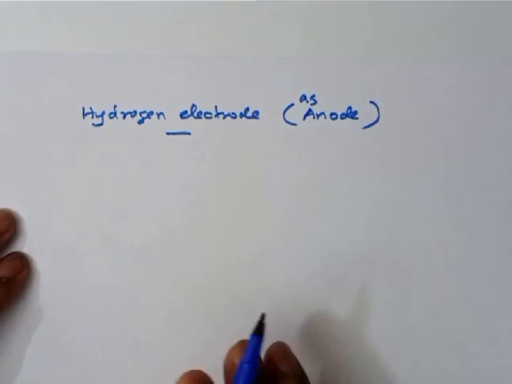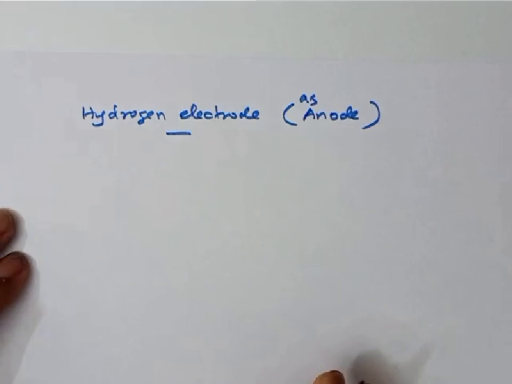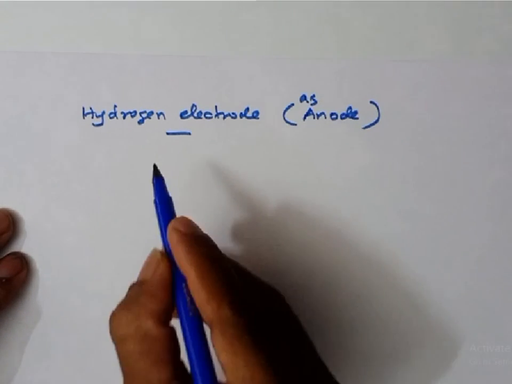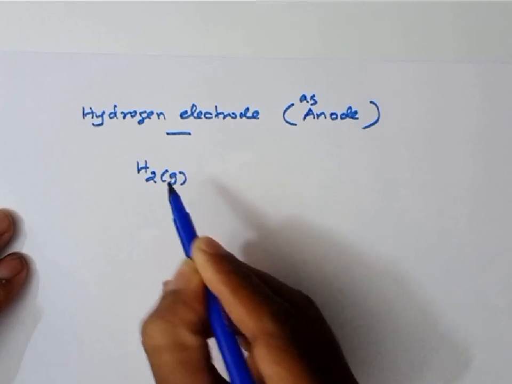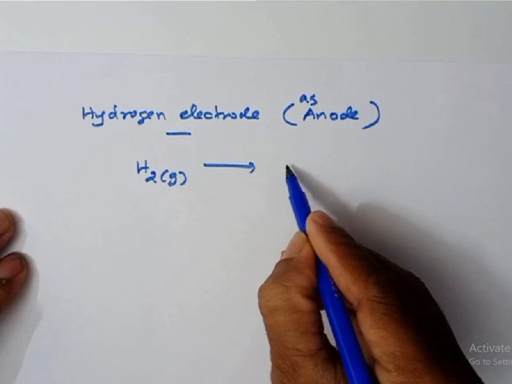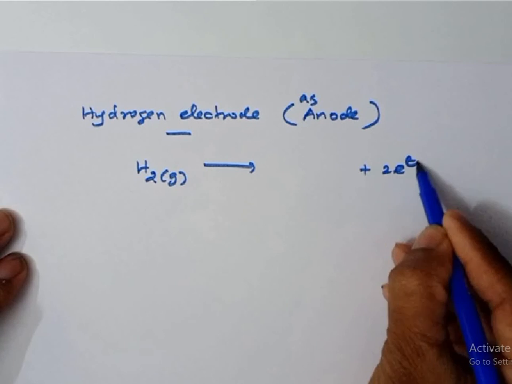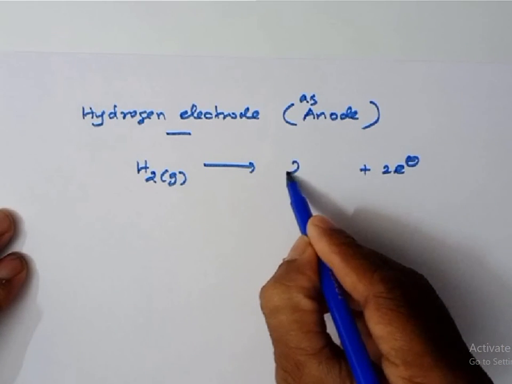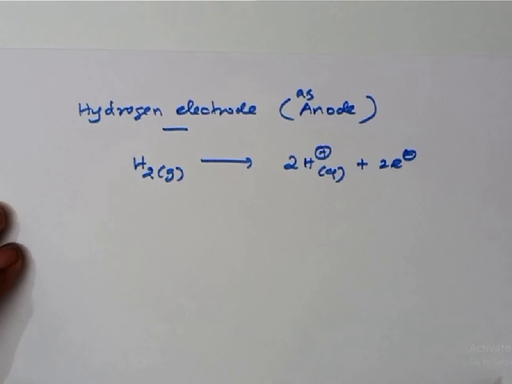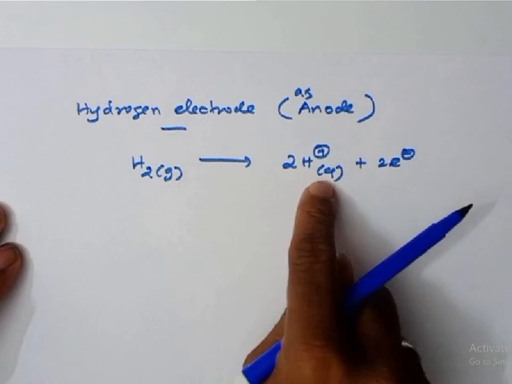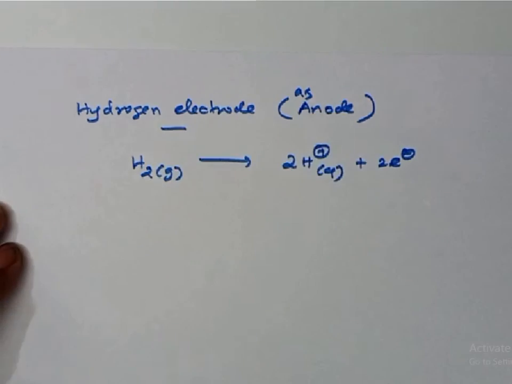Suppose a hydrogen electrode is used as anode, what will be the reaction taking place? At the anode, oxidation takes place, so H2 releases 2 electrons, each hydrogen atom loses 1 electron and becomes 2H plus aqueous. So this is the reaction that occurs when the hydrogen electrode acts as anode.